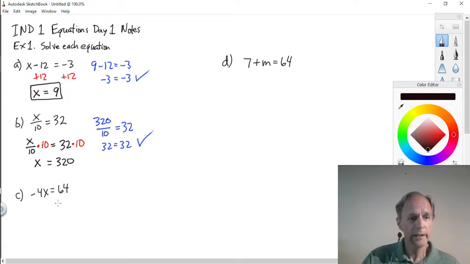So here we have a negative 4 we need to get rid of. If we can do that, x will be by itself, and we will have our solution. So we divide both sides by negative 4. Just so I won't be changing the original problem statement with my writing, I'm going to rewrite it.